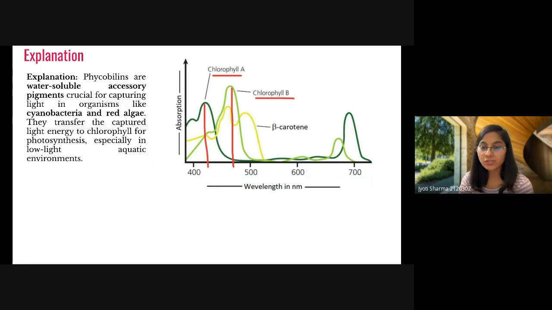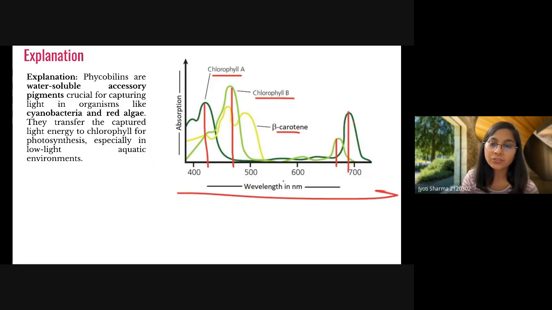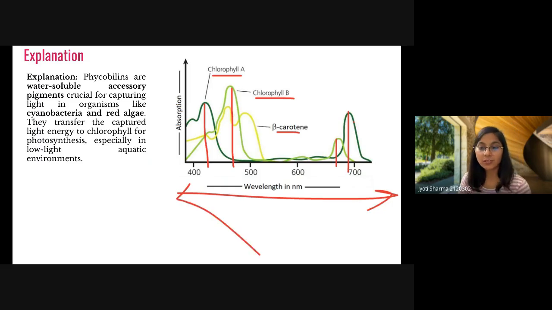To increase the efficiency of absorbing sunlight, we have other pigments, for example beta carotene. If you see the peaks, this increases the range of sunlight taken, and this is how it increases the efficiency of the plant for photosynthesis.